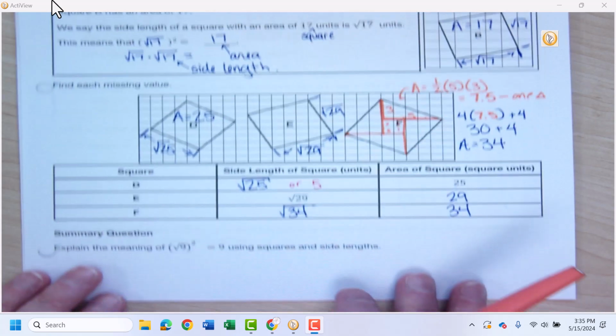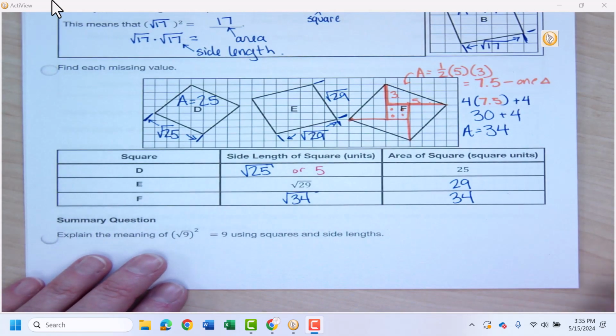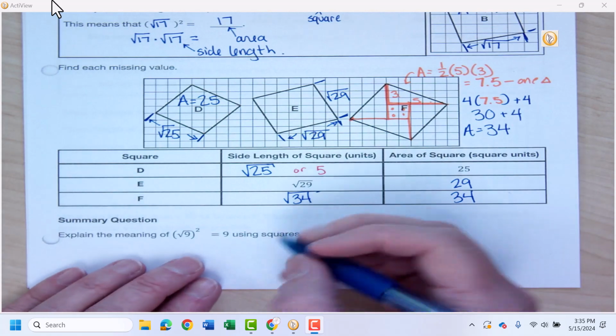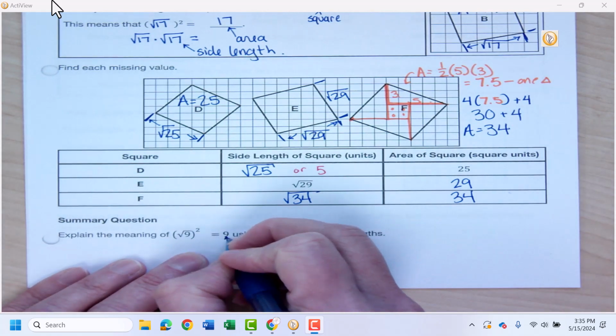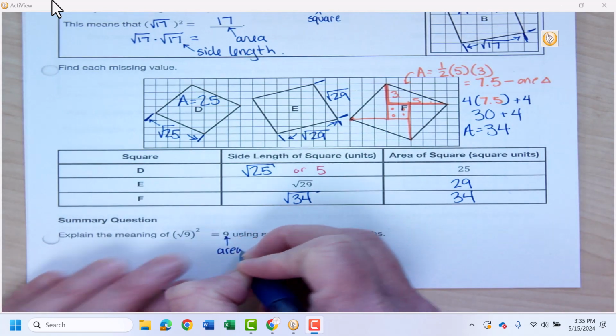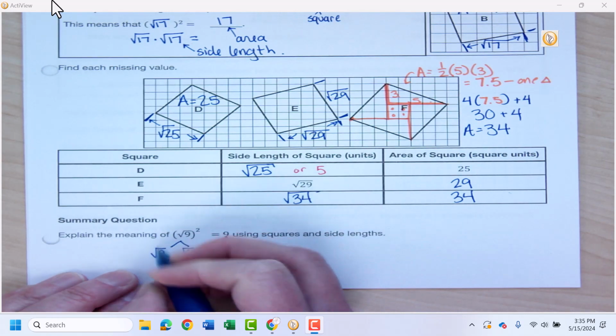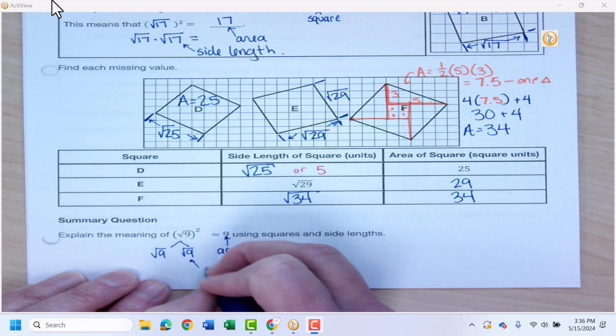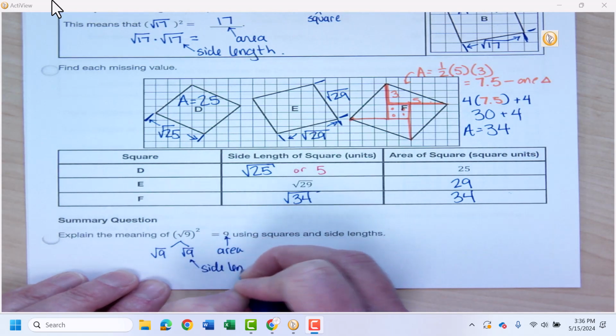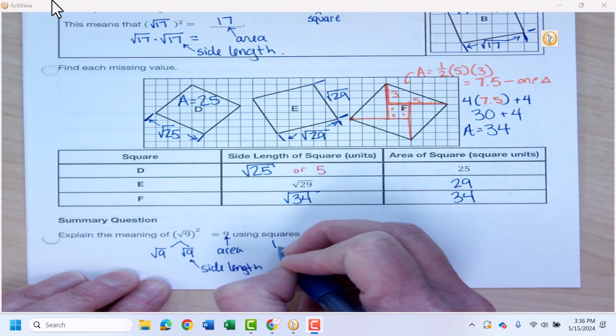So the meaning of this equation using squares and side lengths, this just means that a square with an area of 9 has a side length of the square root of 9. I'm going to write that out.